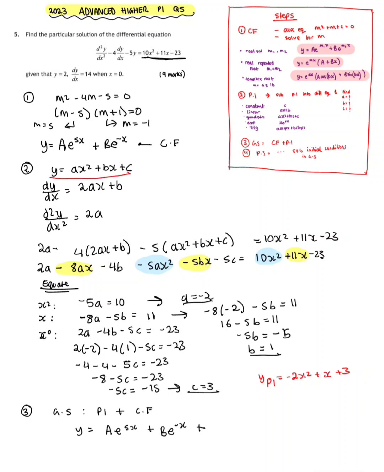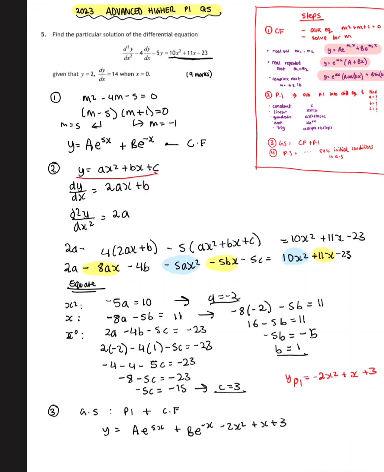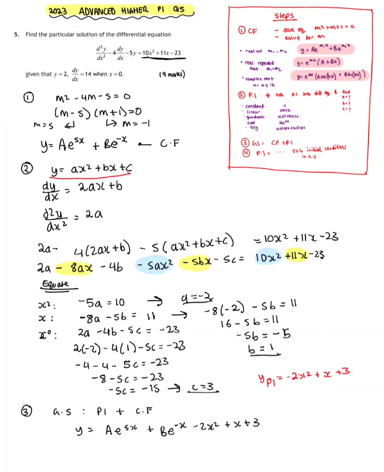And then putting that into our general solution will get us minus 2x squared plus x plus 3. So now that we have our general solution here, our next step is finding our particular solution. So that I'll do on the next page.